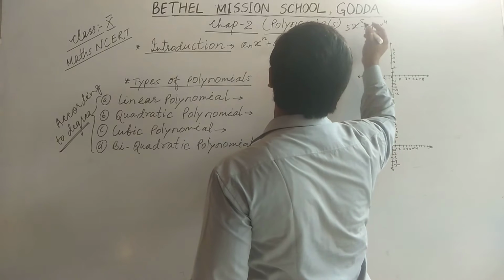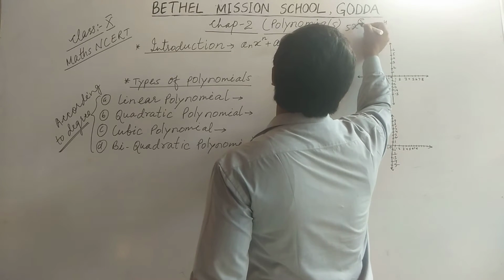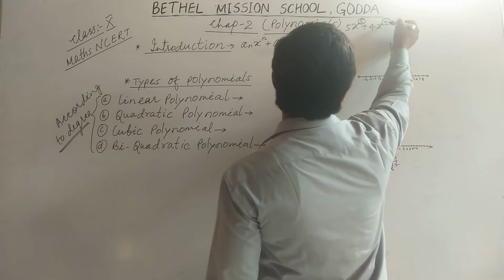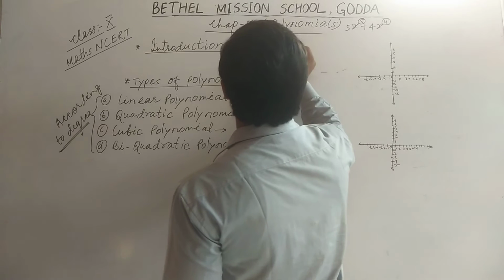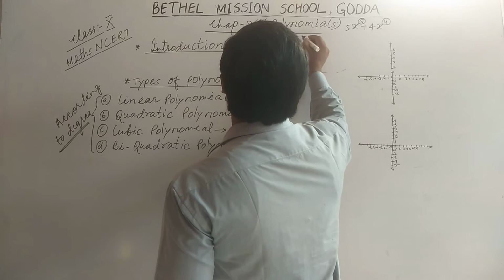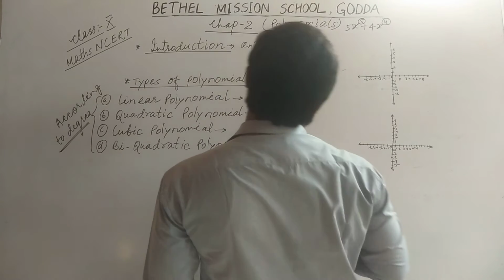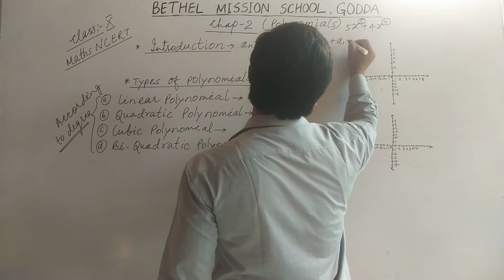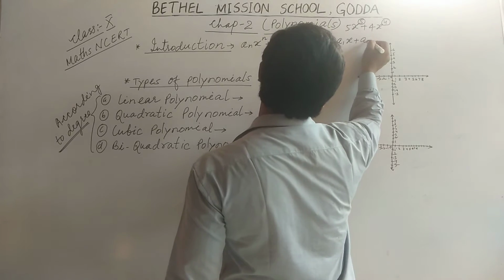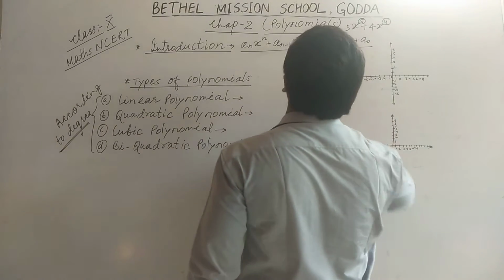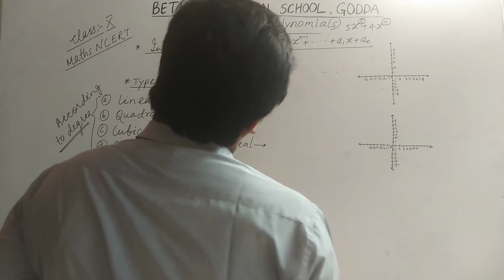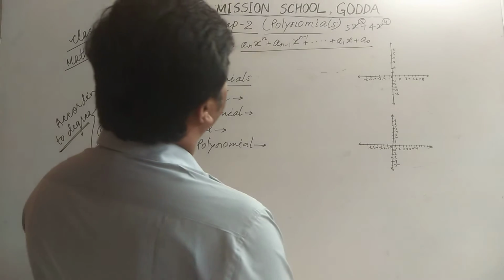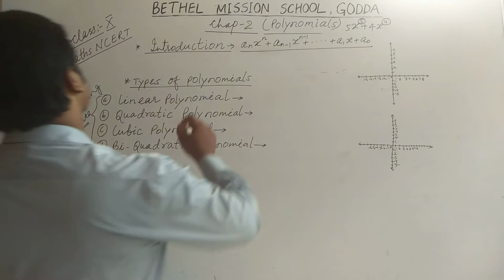You can see here the power is 5 and here the power is 4, so the power is 1 less. And so on, up to a_1 x + a_0. So this is the form of a polynomial, an expression with non-negative integral powers.